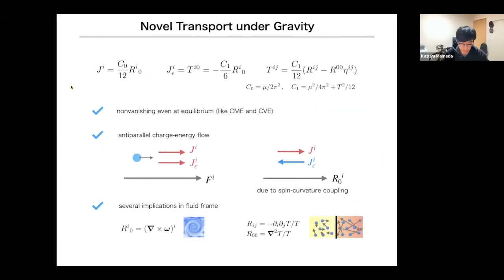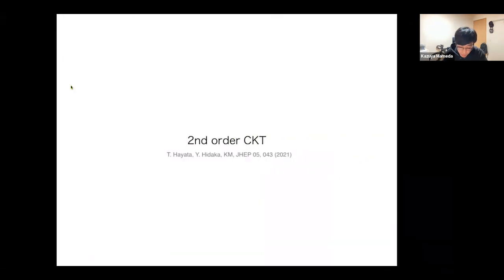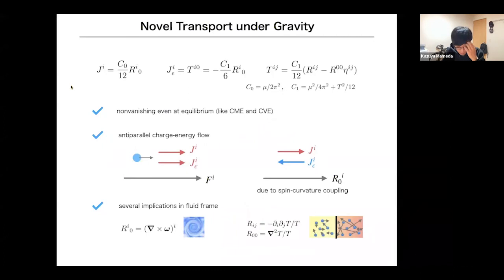And similarly, we can solve the second order kinetic theory. Second order kinetic theory means, up to here, we are considering just the first order correction of the h bar, like this one. But if you go to the second order theory, we need to take into account the h bar square contribution.